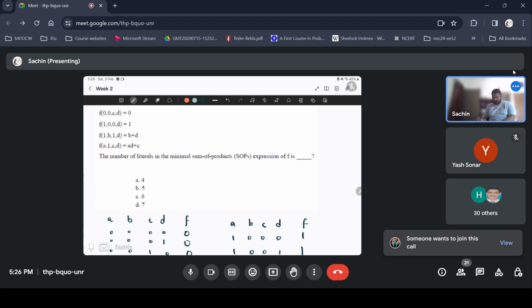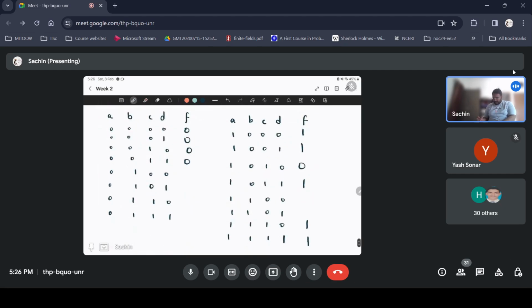Next thing is f of a, 1, c, d is ad plus c. So if b is equal to 1, the output is ad plus c. So b is 1 in this input combination, this, and this. Those are the remaining input combinations for which we haven't filled out the table. So in all these combinations, the output is ad plus c.